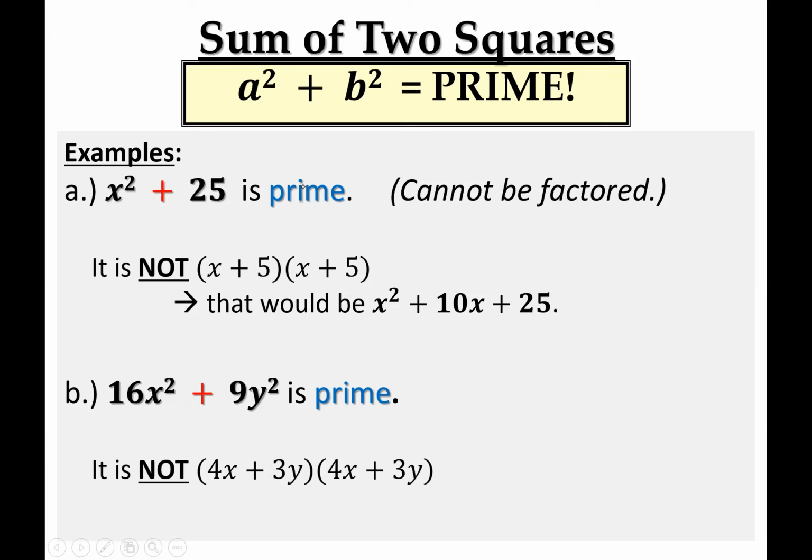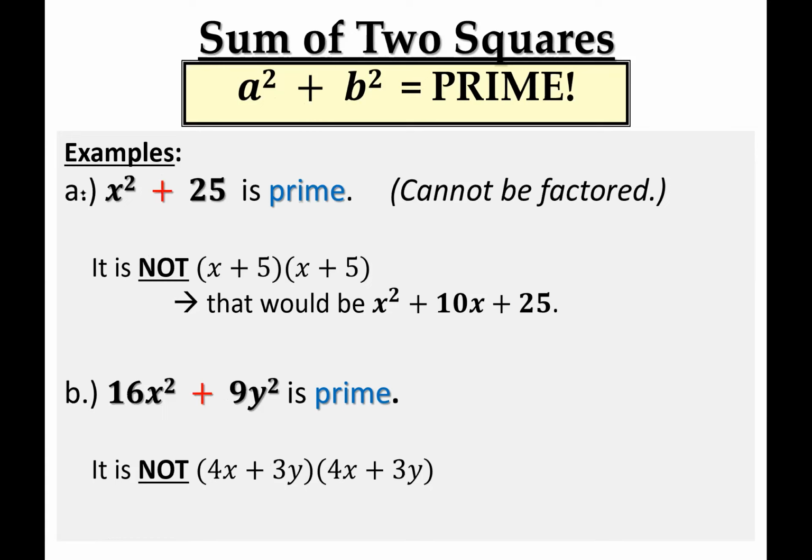The title of this slide says sum of two squares. A squared plus b squared, those are prime. It's almost like a trick question because now you've gotten used to seeing perfect squares. If these problems had minus signs, it would be a different story. But because they have plus signs, that changes everything.